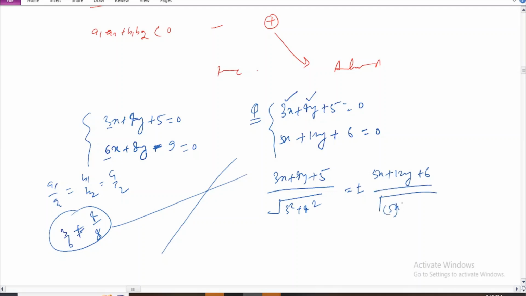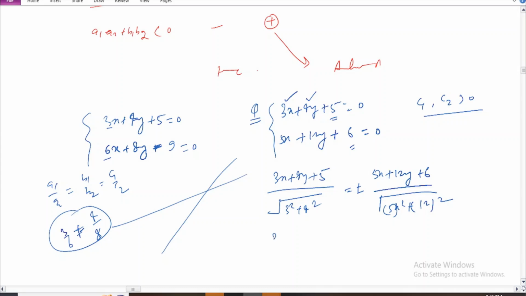And one thing here, fortunately, C1 and C2, the constant terms, are positive as given in the question, right? So there is no need to make the constant terms positive.